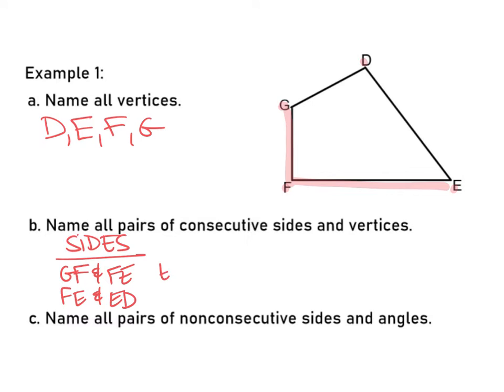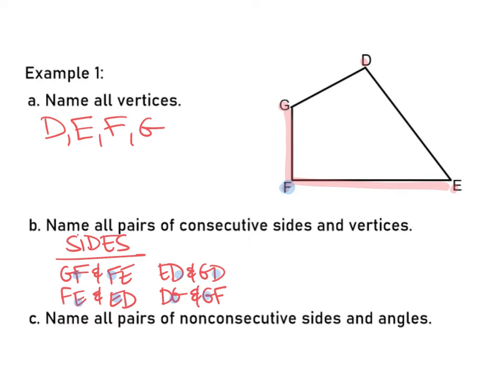I could have ED and GD, and then I could have DG and GF. So one thing that you'll notice with these consecutive sides is that they're going to share a letter, because that's the vertex that they share. GF and FE have vertex F in common. FE and ED share vertex E. ED and GD share point D. And then DG and GF share point G, because that's how we know that they're consecutive.